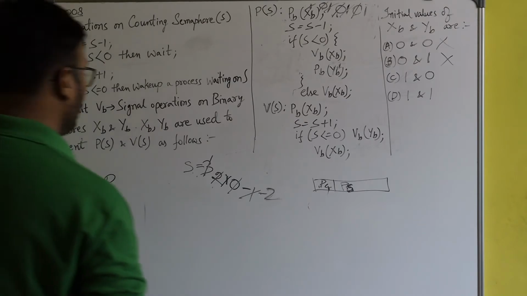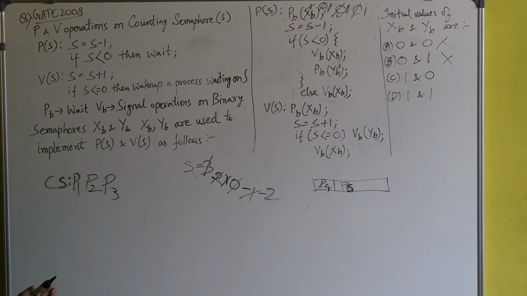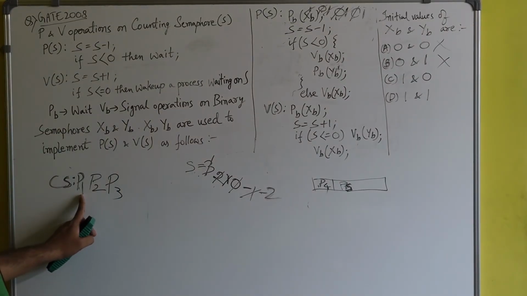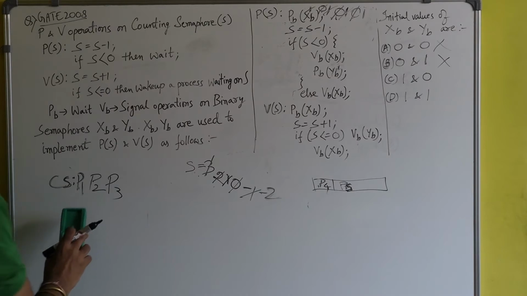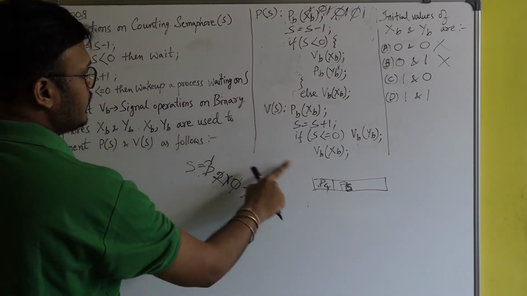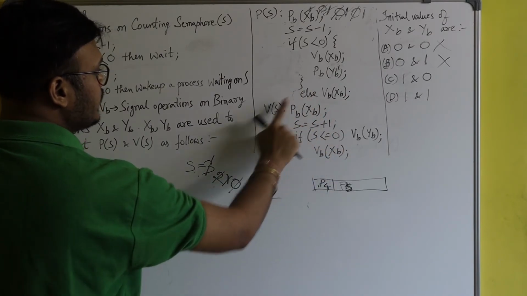Suppose in the critical section, P1, P2 and P3 are there. Suppose the task of process P1 is over and it wants to come out from the critical section. Definitely P1 will run this exit section code.